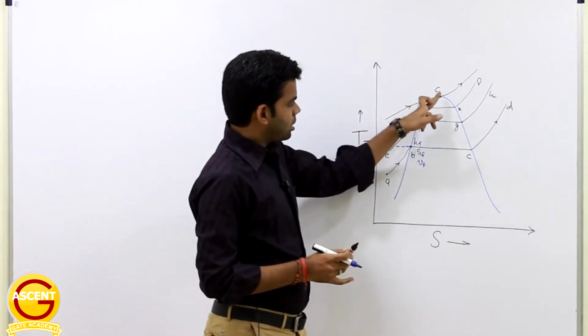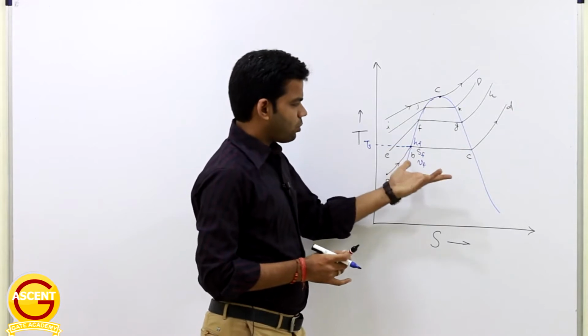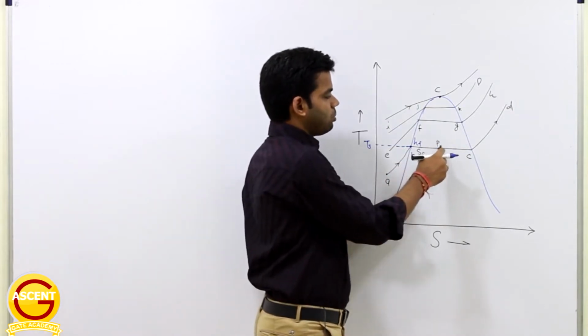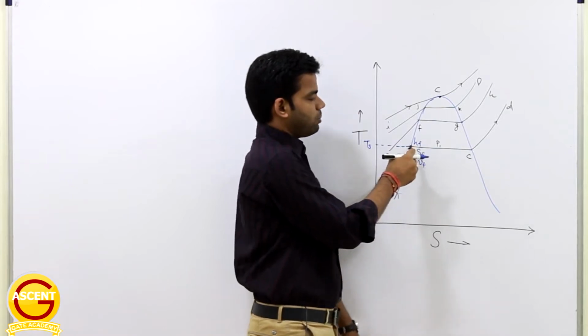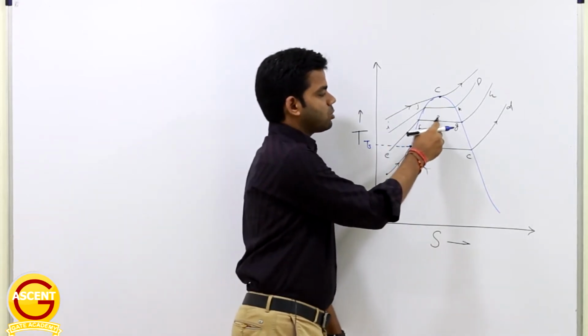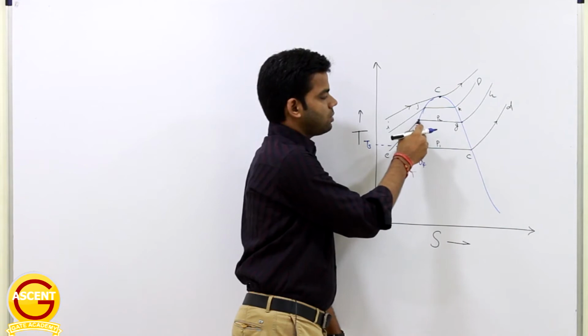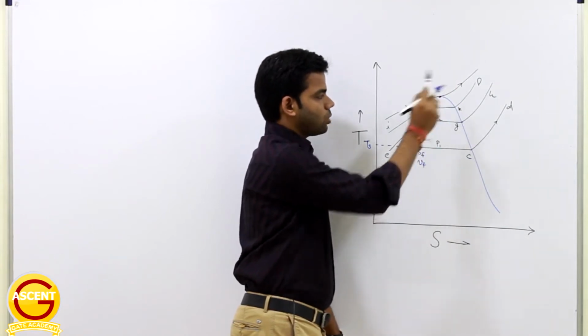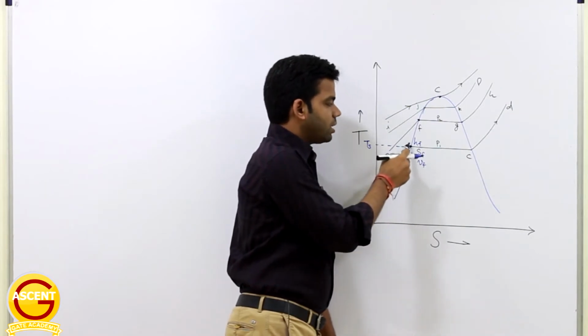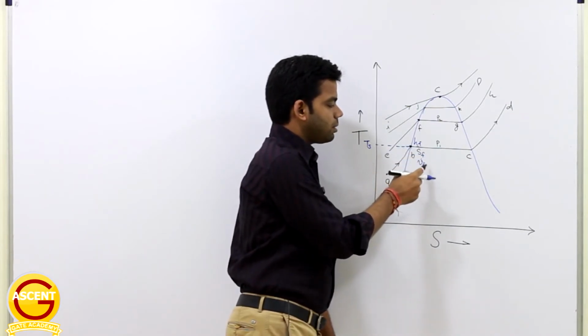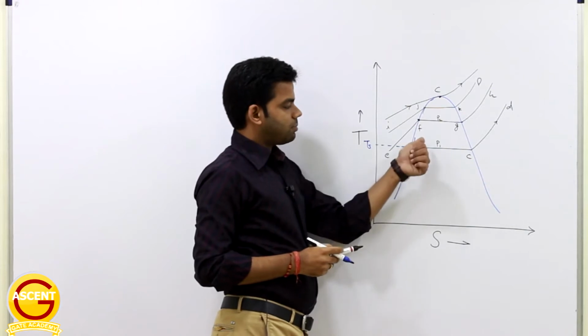Okay, at all these points for any pressure, let's suppose this pressure is P1, तो P1 के corresponding if you see HF, you will get the enthalpy at this point, at point B. Similarly, let's suppose P2 pressure, if you see HF, you will get the enthalpy at point F and so on. Getting this?